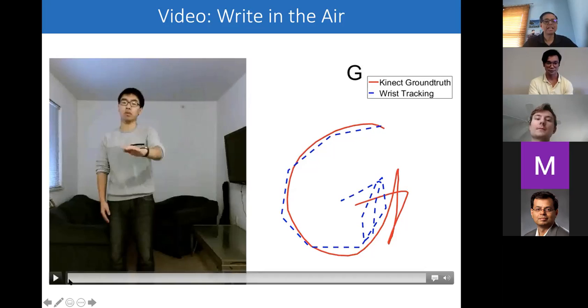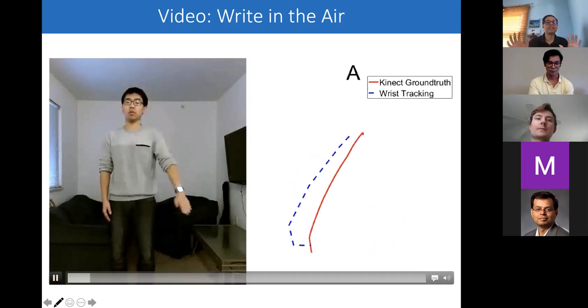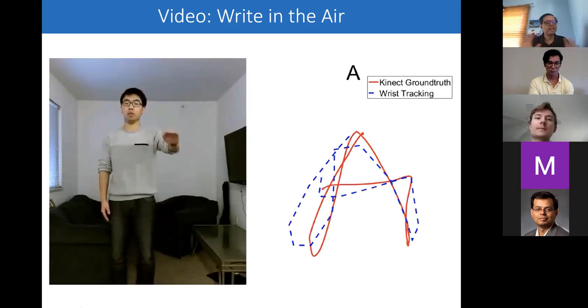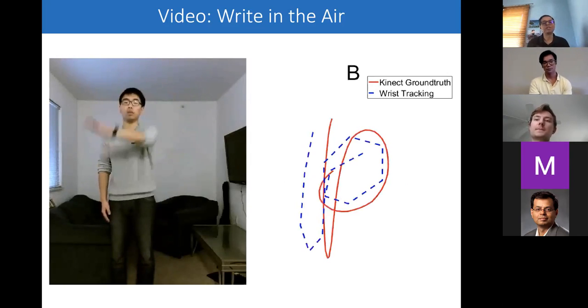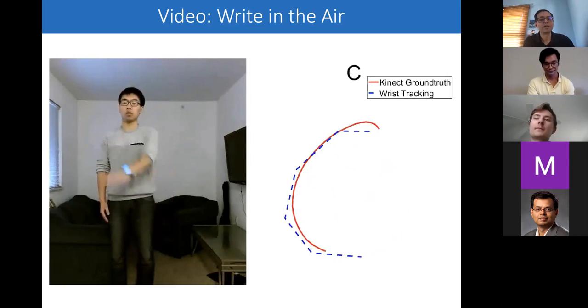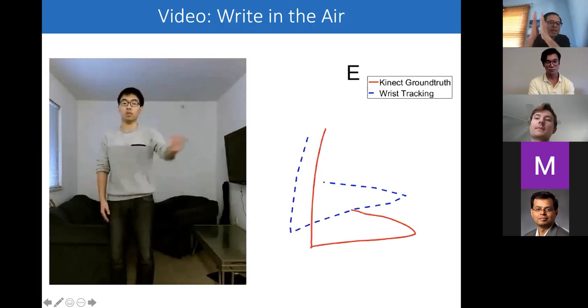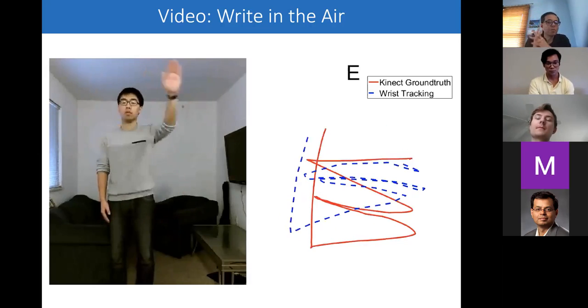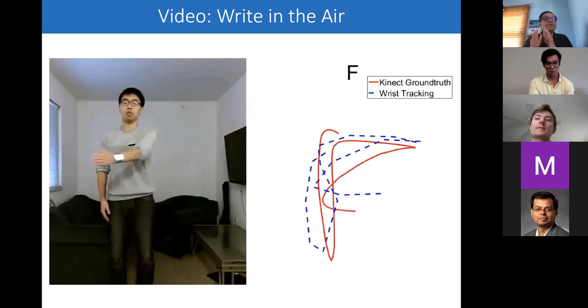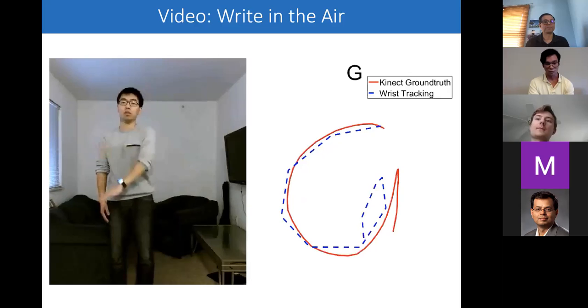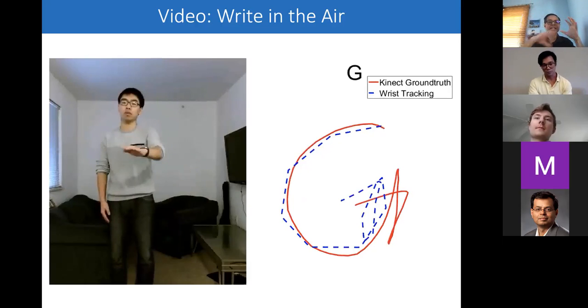The Kinect and the IMU-based tracking agree reasonably well, which means the IMU tracking is doing quite okay. But the important thing is not the difference between the red curve and the blue curve. More importantly, the IMU is not diverging over time. The alphabets are not getting worse and worse, simply because your motion model keeps pulling it back into that point cloud.